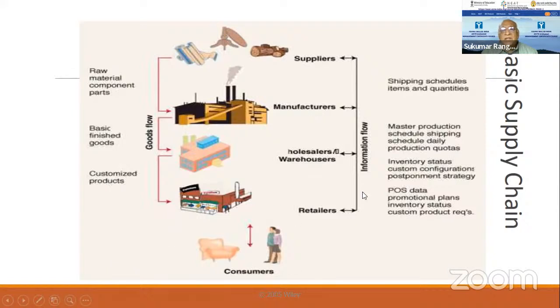What you're seeing is only this. So this entire system is possible only because we have a very strong supply chain management and a very strong logistics support which delivers the requirement of the consumer. So this is an example of a basic supply chain. It applies to any product today.